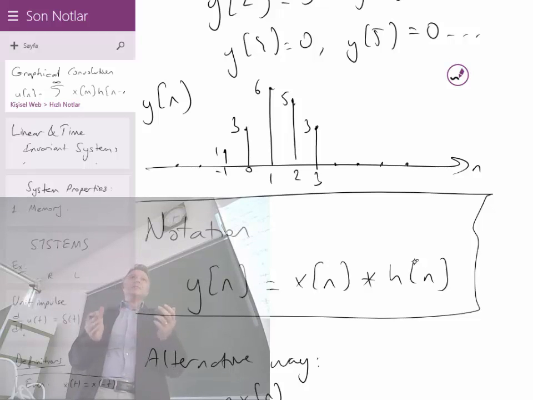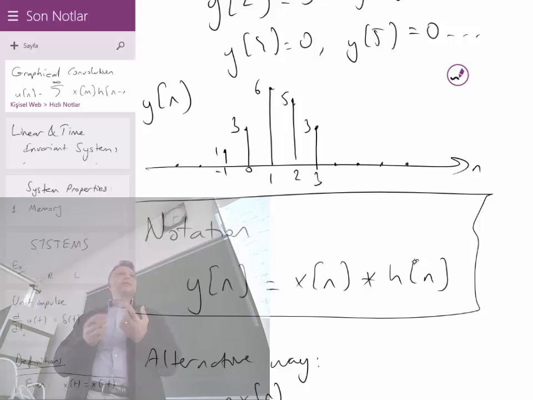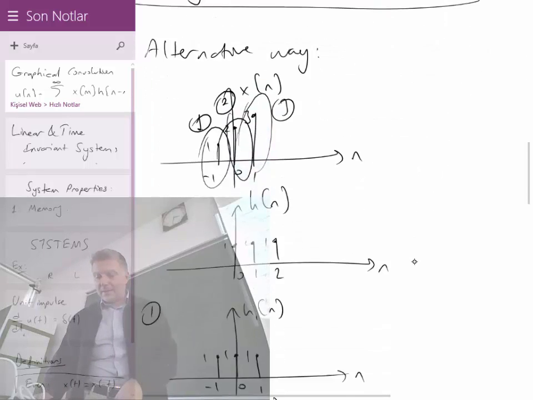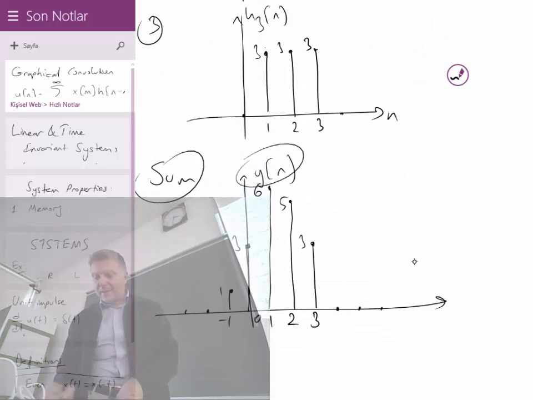You can choose either way. Whichever you remember better, whichever makes more sense, or whichever is easier for you to compute, just go ahead and give us the convolution result, which will give you the output of your system, which is y of n here, and y of n here, as you see. So that's the way you do it.